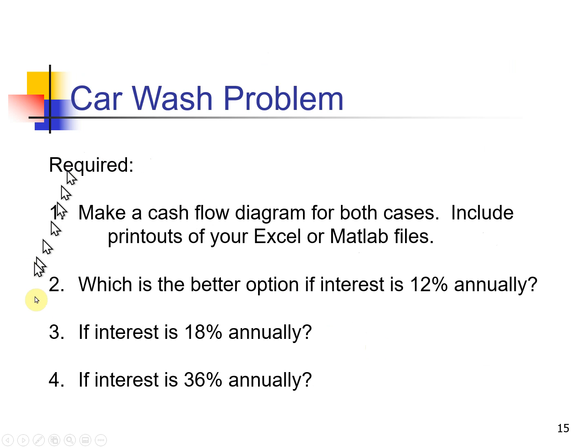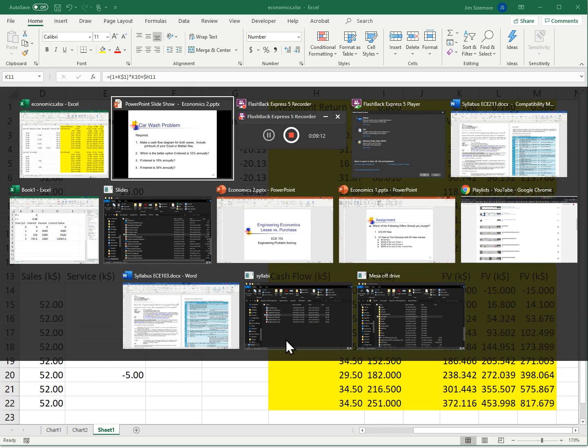So that's what this analysis does. That's your job. Do the car wash problem. And you can take that Excel spreadsheet that I did. I've already put in the different rates of return. You just put in different numbers instead of the numbers for the purchase versus lease of that $100,000 piece of equipment.